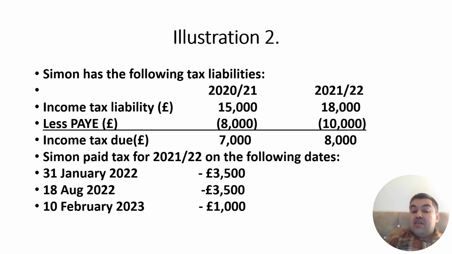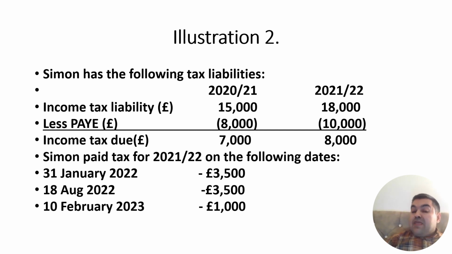Here is an example. Simon has a tax liability for 2020-21 of 15,000. PAYE deduction is 8,000, so the income tax liability for that period is 7,000. And for 2021-22 it is 8,000.